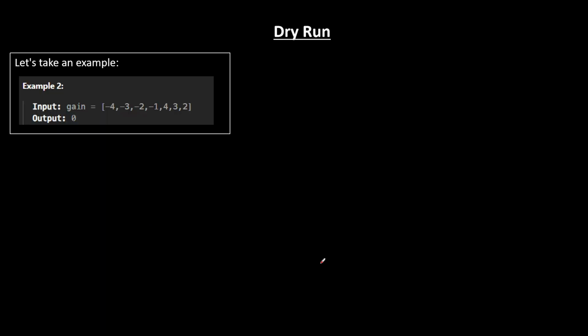Now since we have the understanding of the code, let's look at the dry run of the example. Okay, so let me write it down here. -4, -3, -2, -1, 4, 3, 2. Its sum is 0. Its maximum altitude is 0, right?